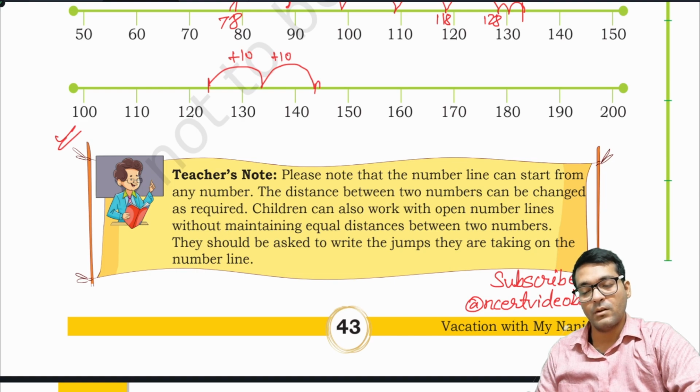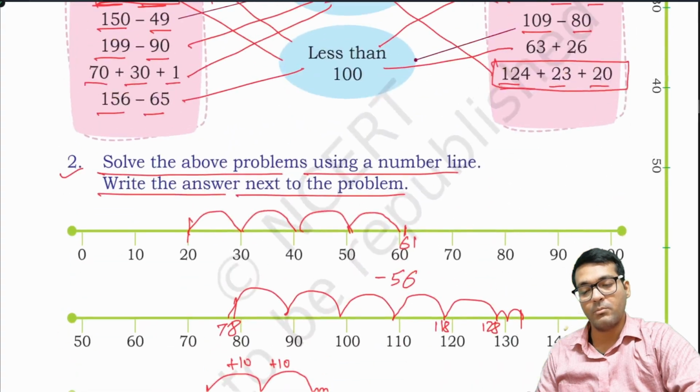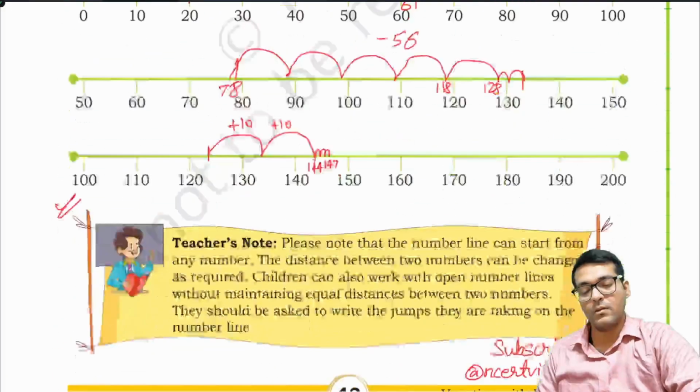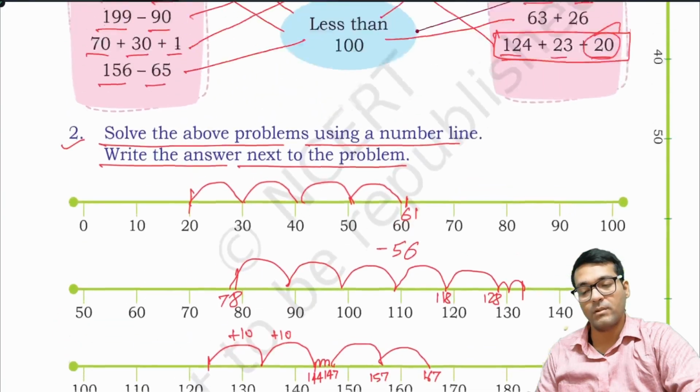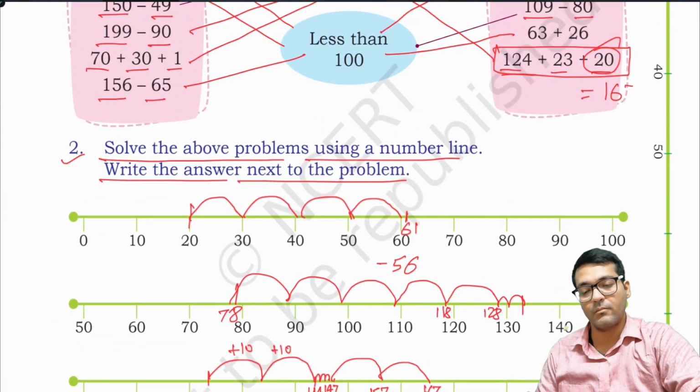So 144, then here will be 1, 2 and 3, that is 145, 146, 147, and then you have to move 20 ahead, that is 157 and 167. The answer will be 167.